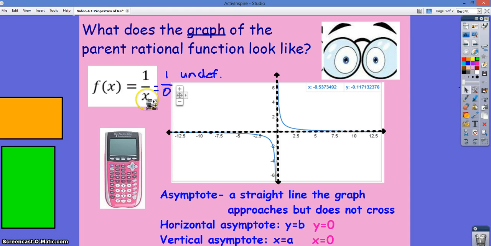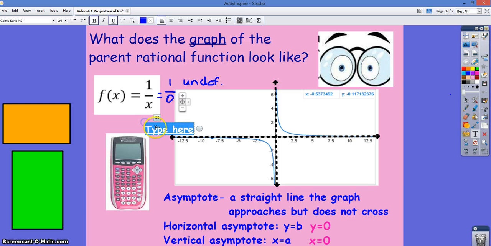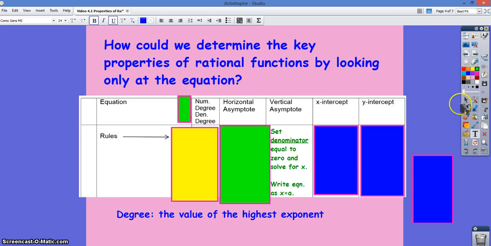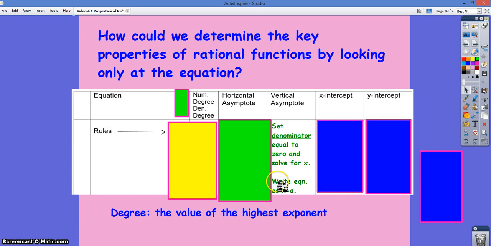Our vertical asymptote was found by setting the denominator, which was x, equal to 0. So that was the equation of this vertical asymptote, okay? So that's how we're going to find vertical asymptotes.